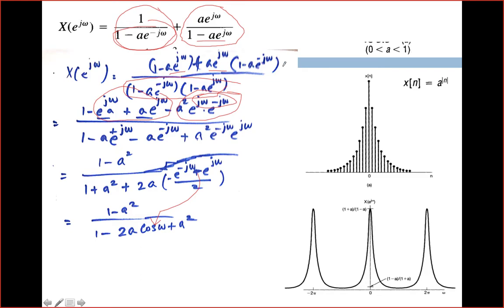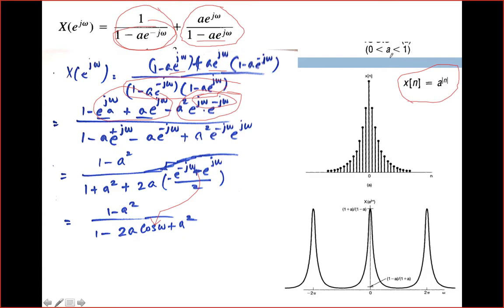Now we have to plot the magnitude response, in fact. Before drawing the magnitude response for this particular plot, I am going to draw the sequence, that is x of n is equal to a power magnitude of n. I also have a condition on a: a should be in between 0 to 1.